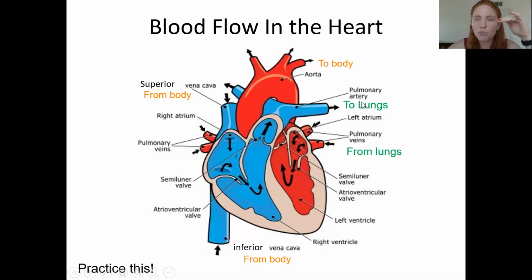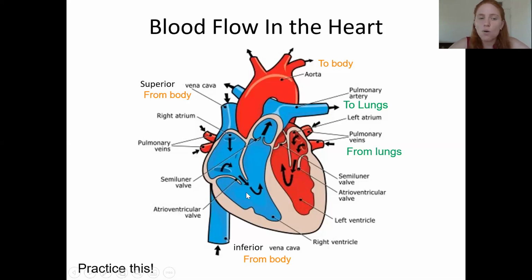Okay, so they're probably going to be the only arteries shown as blue. Whereas the pulmonary veins, even though they're veins, they have oxygenated blood in them because they just picked it up from the lungs. So usually they're depicted as red, but they're still veins because they're bringing blood back into the heart. Okay, so veins to the heart, arteries away from the heart.